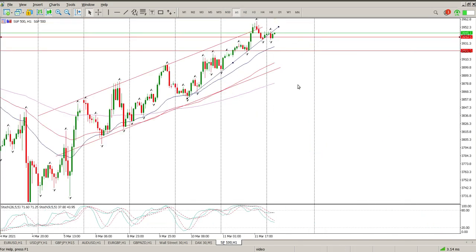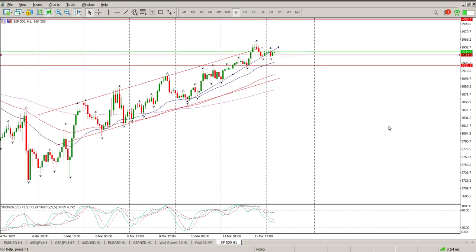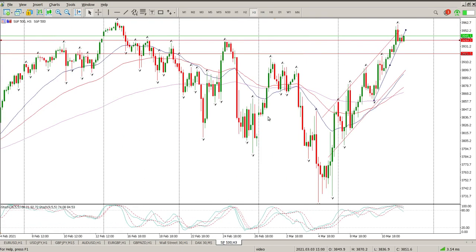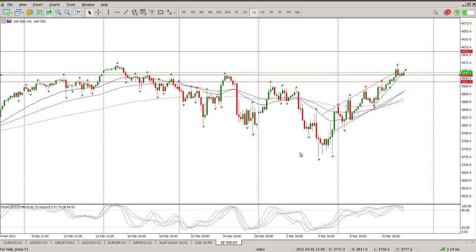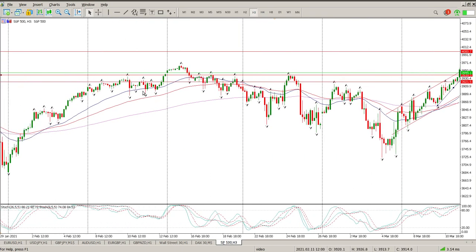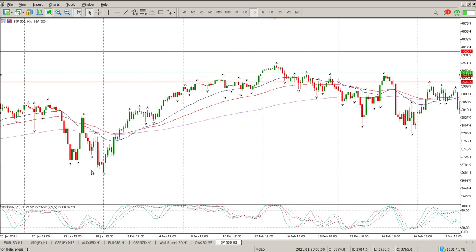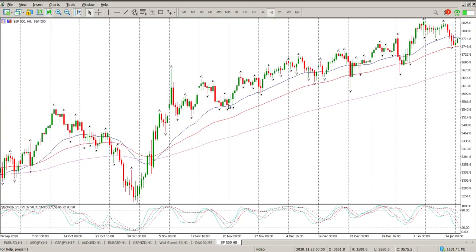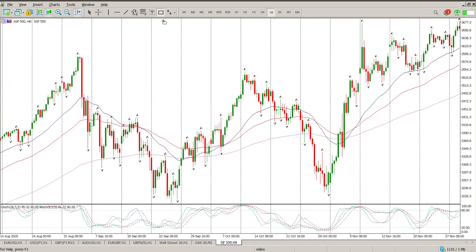Now, bear with me a second, because I'm going to give you some structure here. You're going to have bulls that were long on this break over here, and you're also going to have bulls that were long further down, on this big consolidation area.